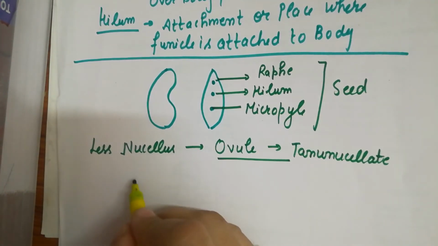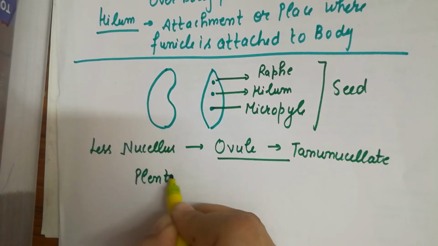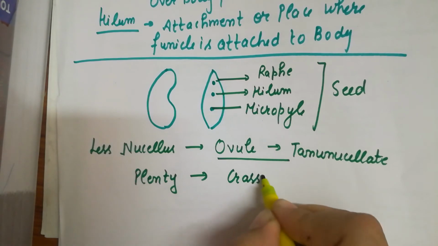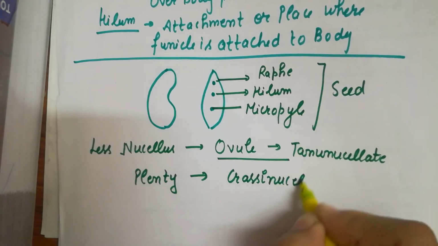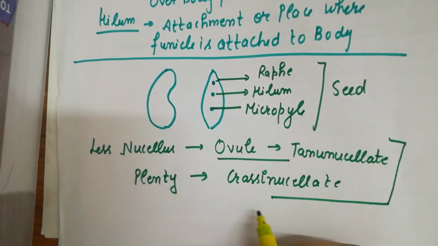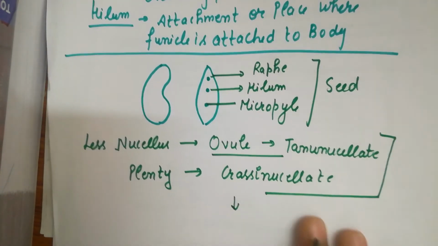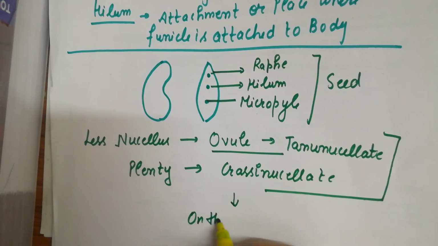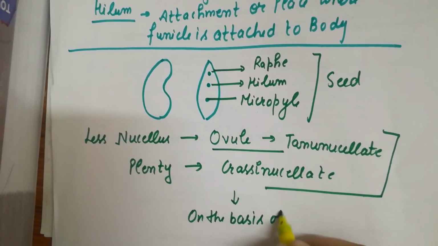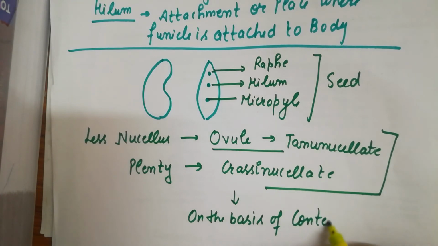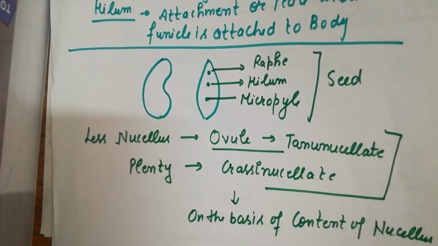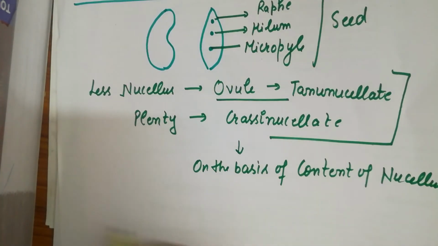If there is plenty of nucellus, then that type of ovule is known as crassinucellate. So these terms are given on the basis of content, how much nucellus is present in the ovule, right?